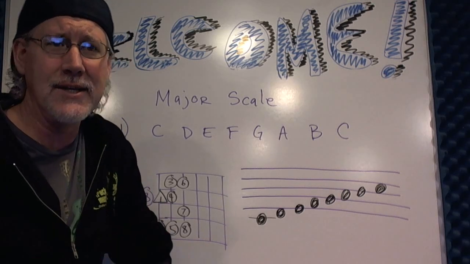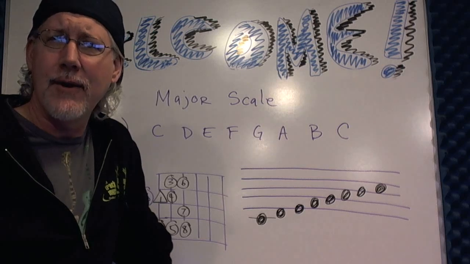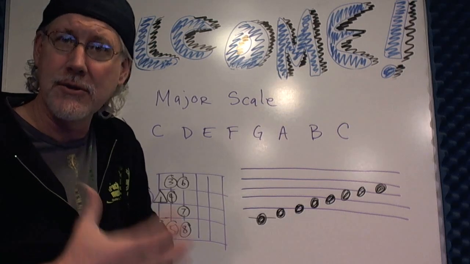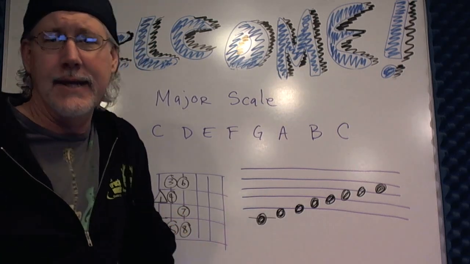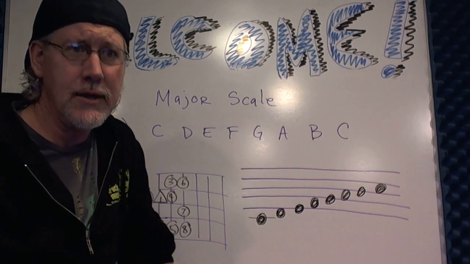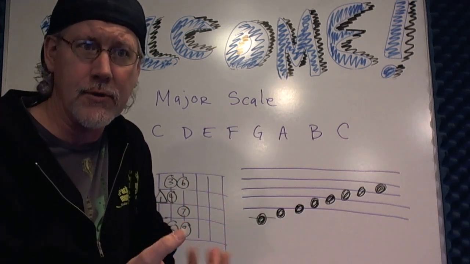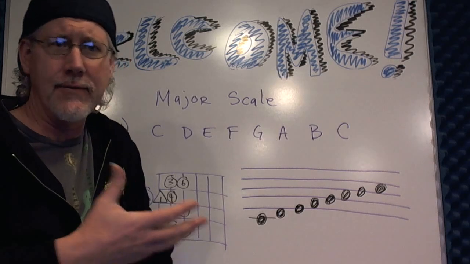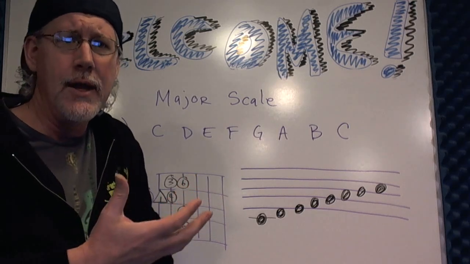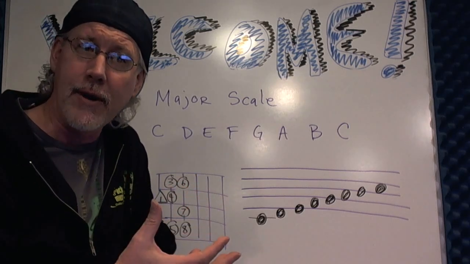Now, what is music theory? Music theory is the study of how the musical language works, and it's the knowledge of scale construction, of chord construction, of finding key centers, knowing which chords are in which keys, the interaction of chords within a key. Those are all included in the study of music theory.